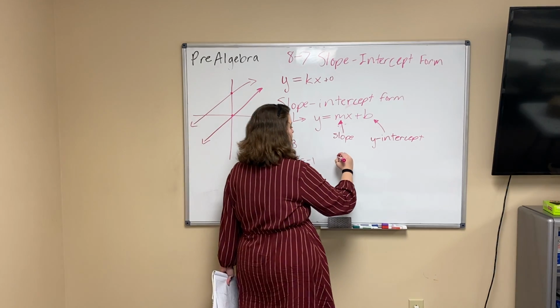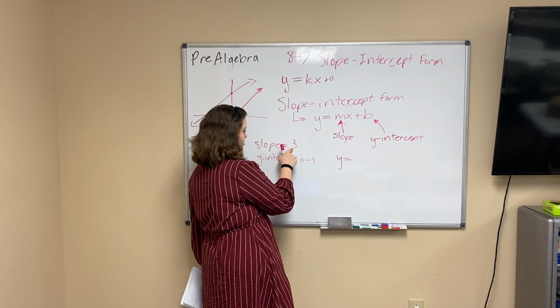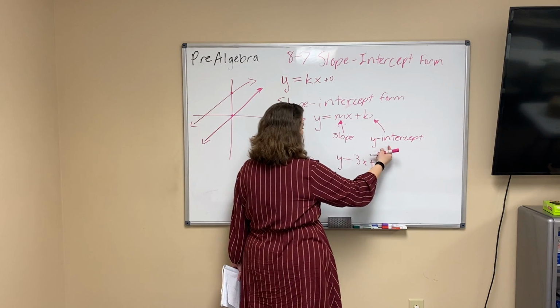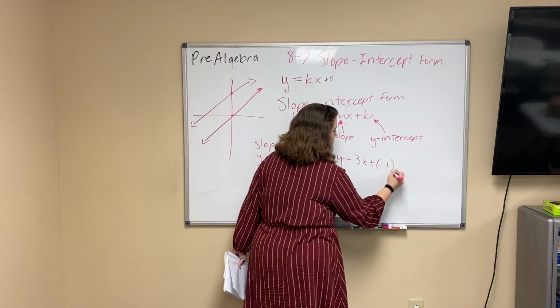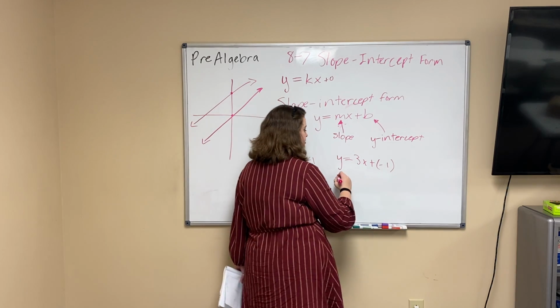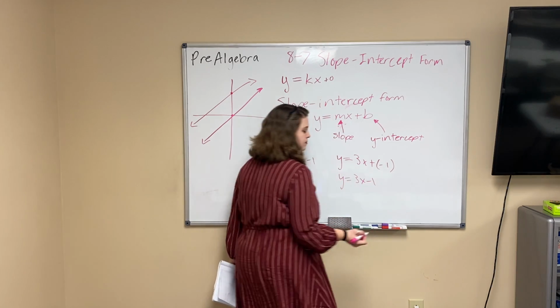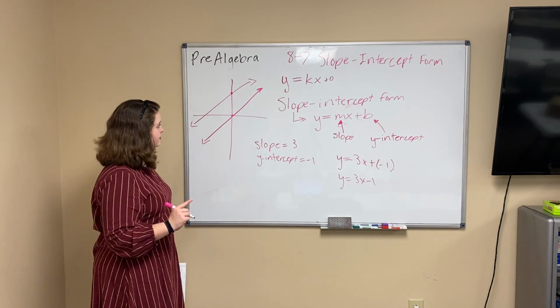So I'm going to say y equals slope times x, so 3 times x, plus our y-intercept, which is -1. You can leave it like this, or you can rewrite it as y equals 3x minus 1, because plus a negative is like subtracting.